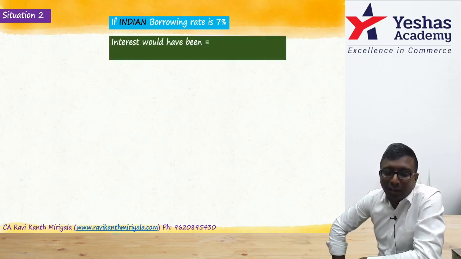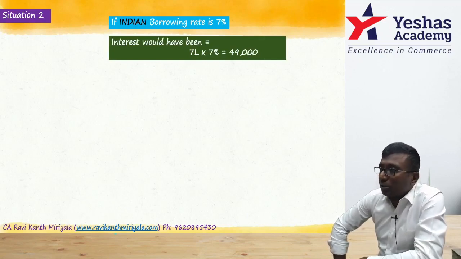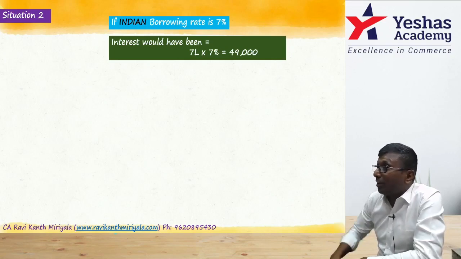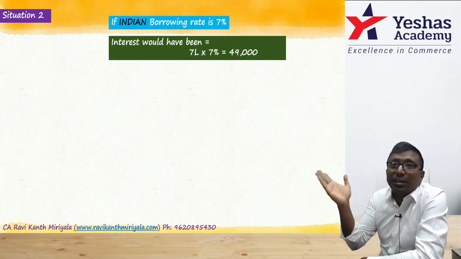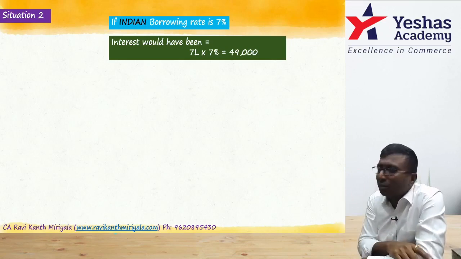Correct? 7 lakh into 7%, 49,000. Now, same question, it is a continuation. How much should be capitalized? Whatever you have incurred, because your incurred amount is less than the ceiling. 41,600 minus 49,000, what to do?